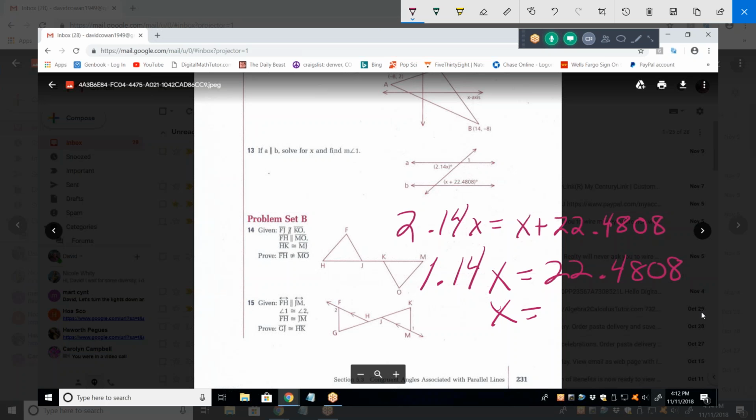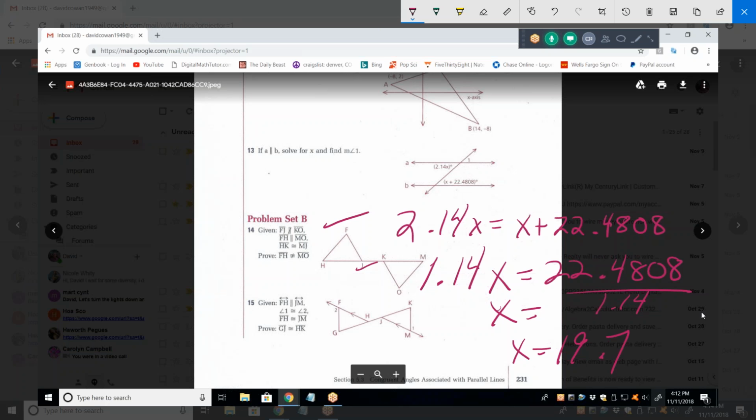To solve that equation, I got to get the x's all on the same side. So I subtracted an x from both sides, and that left 1.14 and this number. Now I divide both sides by 1.14 and I get x equal 19.7.